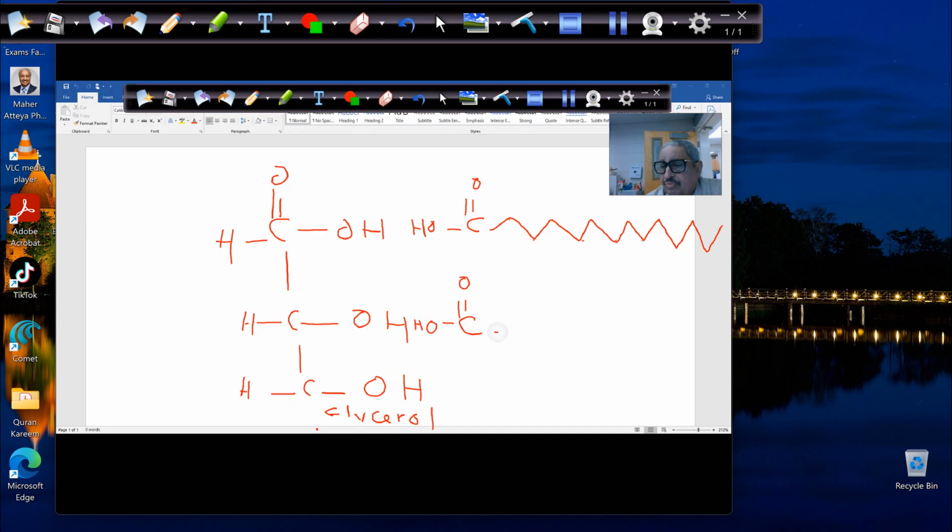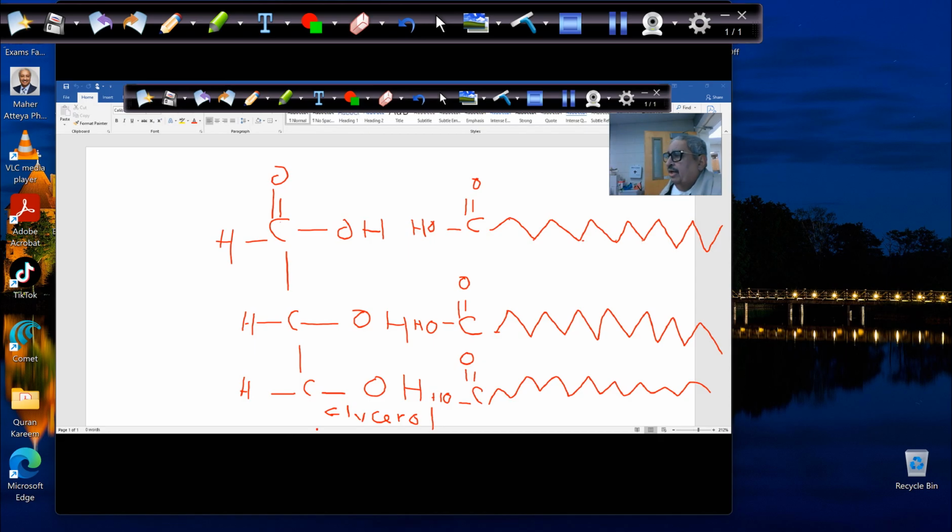Lipids are compounds coming from glycerol, that's a trialcohol, and three fatty acids.